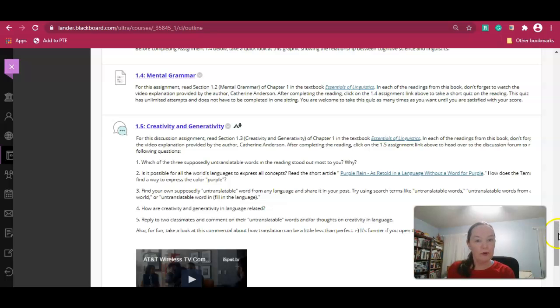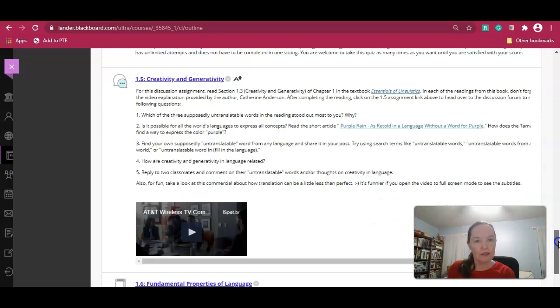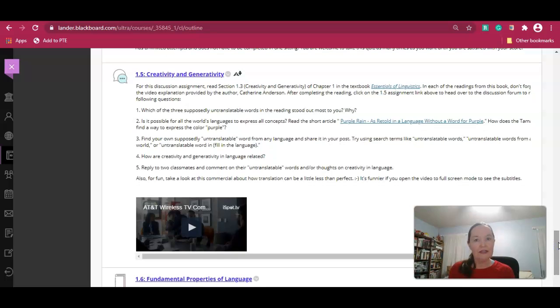In assignment 1.5, you're going to keep on going in Essentials of Linguistics. And here you're going to be looking at basically how creative we are with our language. And I don't necessarily mean in a poetic sense or a literary sense, but how every sentence that comes out of our mouth is unique. It has a unique structure.